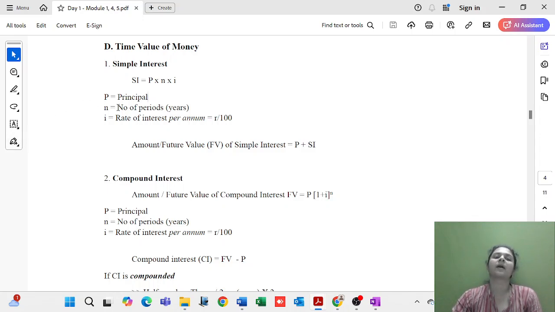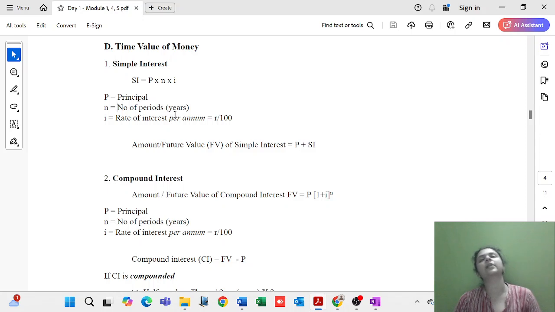This N is the number of years or number of periods, and I is the rate of interest per period or per annum. Generally if years are given, the rate of interest will also be given per year, where I is taken as R by 100. Say if they say 5%, you should take I is equal to 0.05.